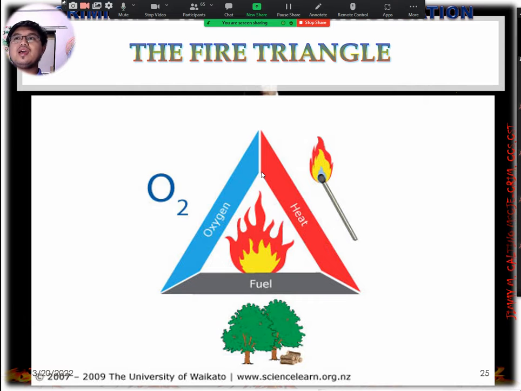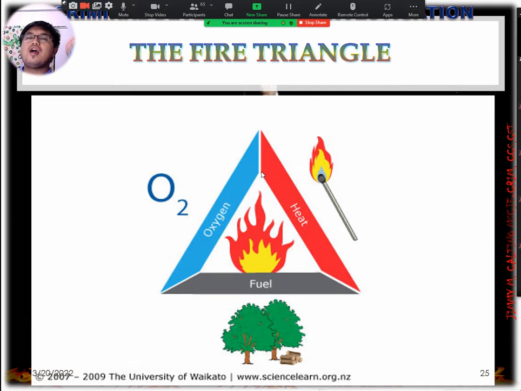So, it has three sides. Those three sides represent the following: the oxygen, the heat, and then the fuel. Remember, this fire triangle only tries to show the elements of producing a fire.